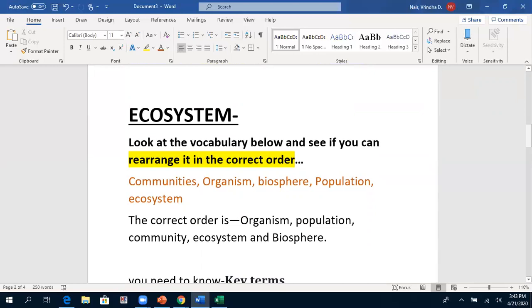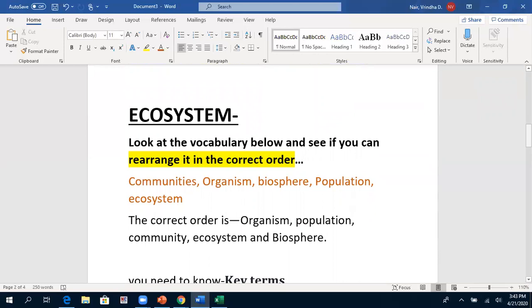What is an ecosystem? An ecosystem is a place where there are a lot of living and non-living things existing together, and life happens. The smallest part, when you consider a huge entire biome, would be a group of organisms.